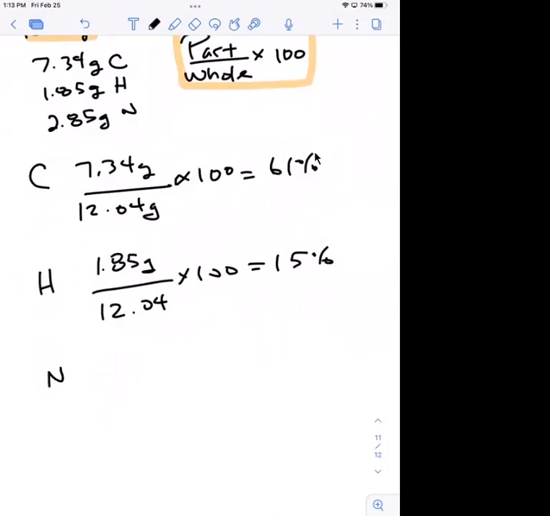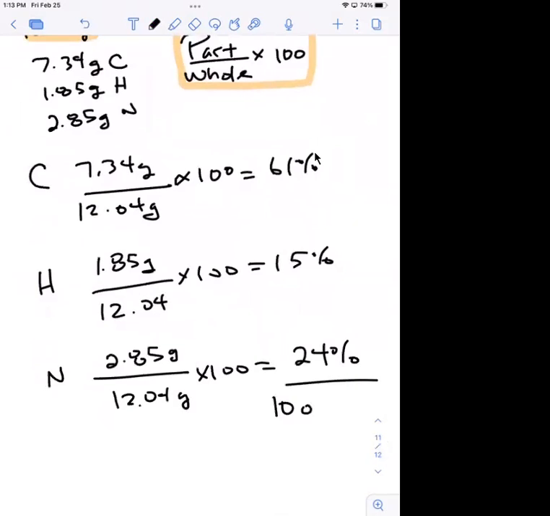So nitrogen would be 2.85 divided by 12.04, in grams. So that's the basic fundamental calculation for percent composition. If you're given the masses and you have the total mass of a sample, you can figure out how much of each element is present within that given mass of a sample.